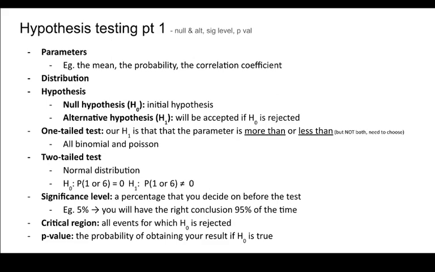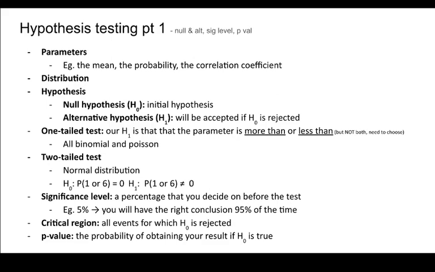If we do, let's say, 100 times of testing to see if your results are true or not, then approximately 95% of those tests you will be right, but 5% you will be wrong.